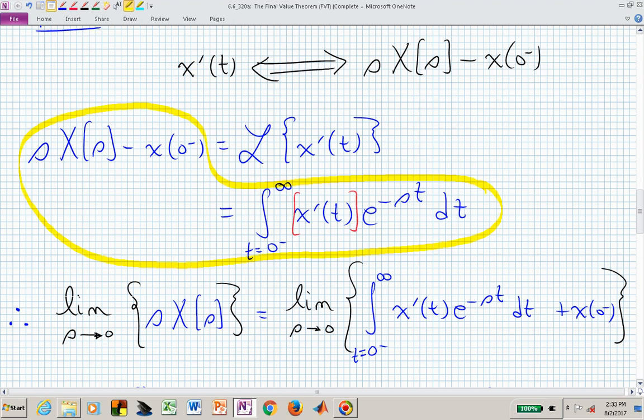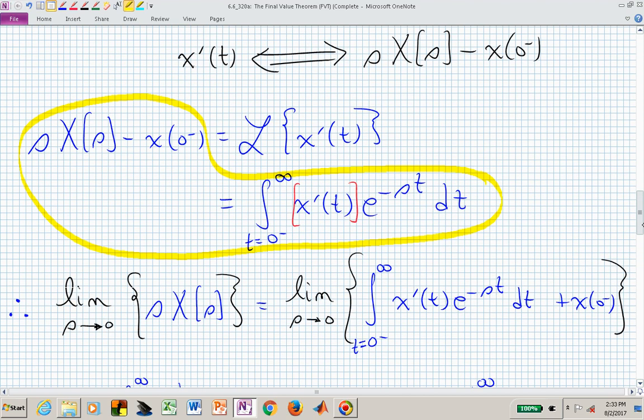That's in blue in the next line, but then what we want to do is look at the limit of both sides as s goes to 0. On the left, we aren't going to do anything. We're just going to leave that expression intact. That's the limit as s goes to 0 of s capital X of s. That's now equal to the limit of this integral from 0 minus to infinity of x prime e to the minus st dt plus x of 0 minus.